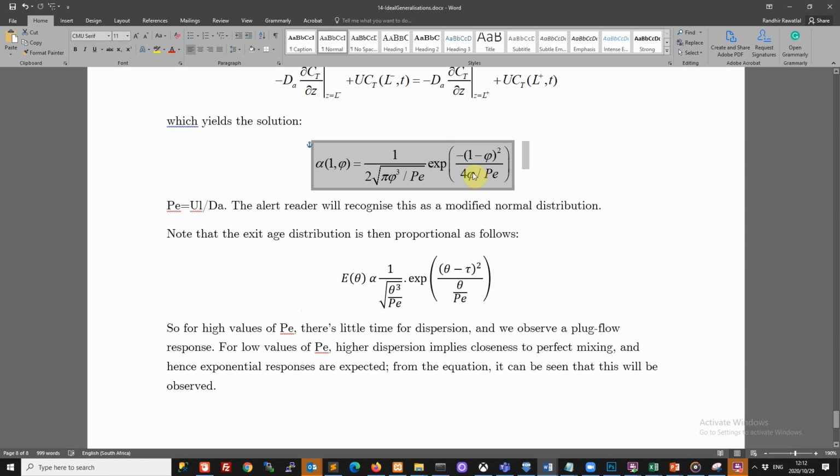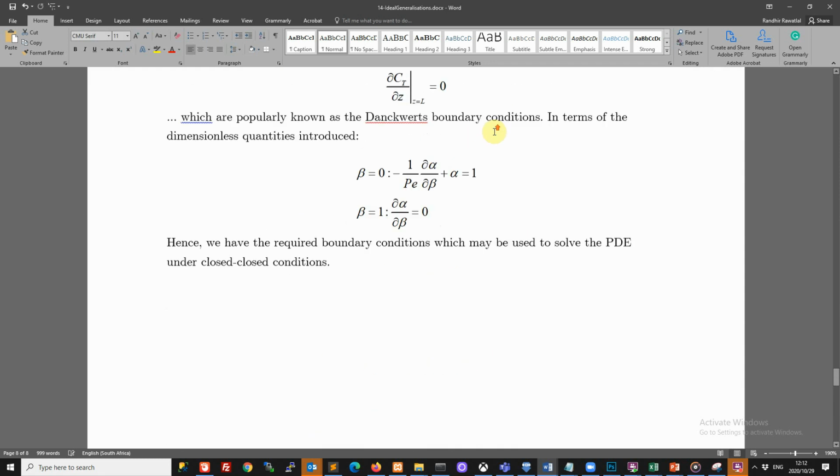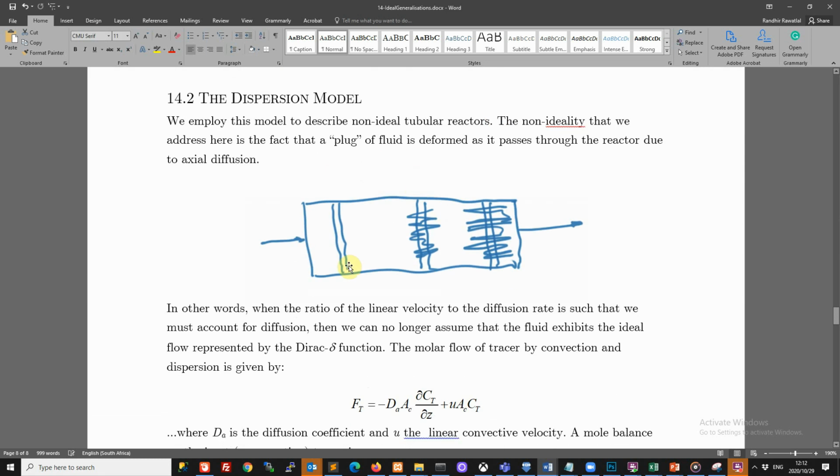So again, we can start from the original statement, which is more like plug flow behavior. And so if this plug passes through fast enough, then this whole reactor looks more like a plug flow reactor. But if you give it more time, and there's more of an opportunity for dispersion to happen, and hence lateral mixing, then it looks more like a CSTR.